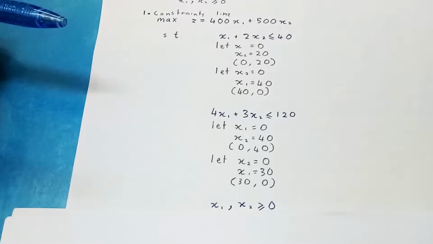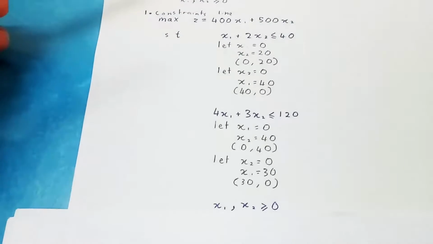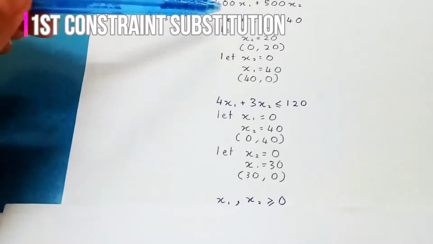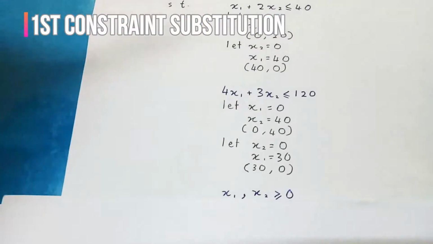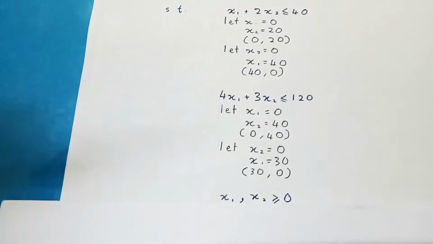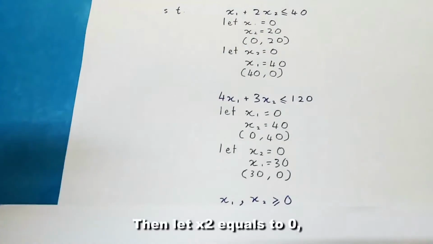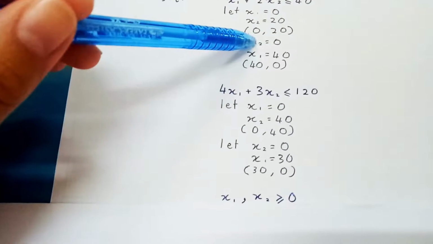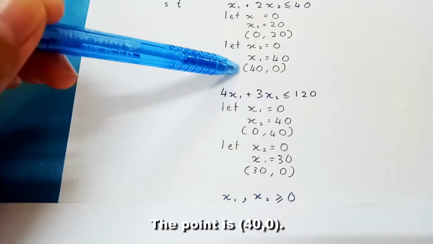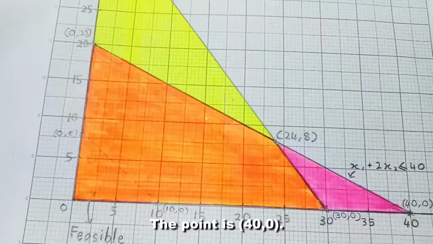Then make the line: let x1 equal to 0, x2 equal to 20. The point is 0, 20. Then let x2 equal to 0, x1 equal to 40. The point is 40, 0.